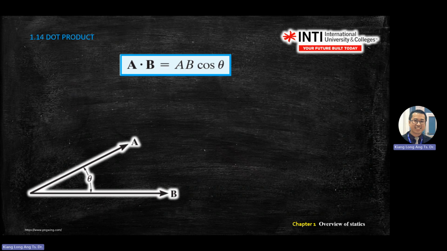This is the dot product. Don't confuse it with the cross product. There is a dot product and a cross product. We'll see the cross product in chapter 2 later. Don't confuse the dot and cross, they are two different concepts. That's why from this equation, A dot B, you only see A cos theta multiplied by B, and there's no A sin theta multiplied by B, because A sin theta multiplied by B equals 0.